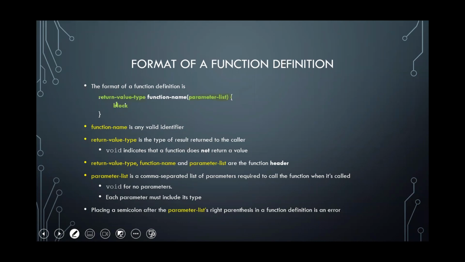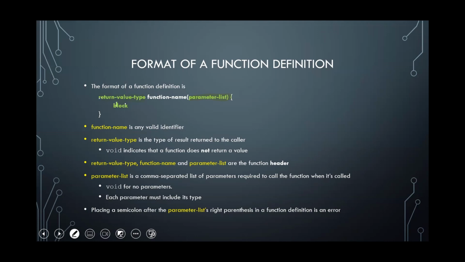Okay, so your function name is going to be any valid identifier. Typically, we start with a lowercase. We may do something like an action and then a noun that we're doing something to. So it may say square number, or it might say get integer, or something to that effect. But we want to make sure that it actually is reflective of what we're doing.